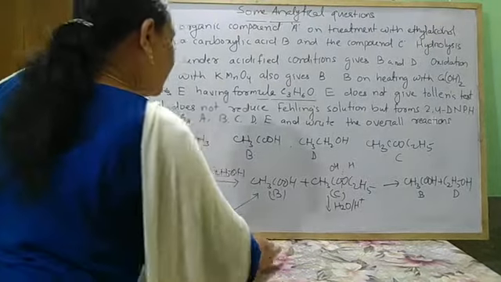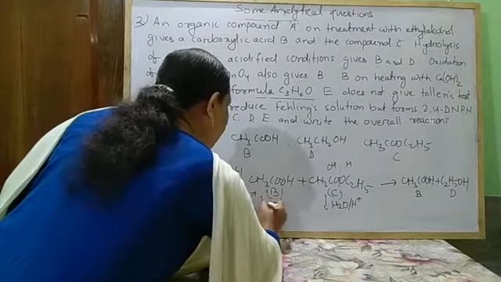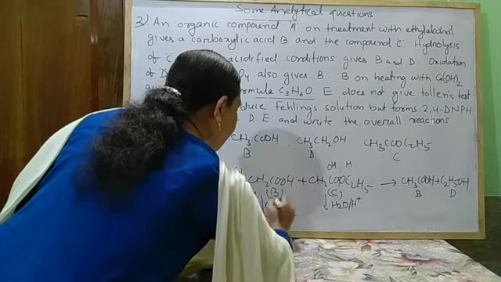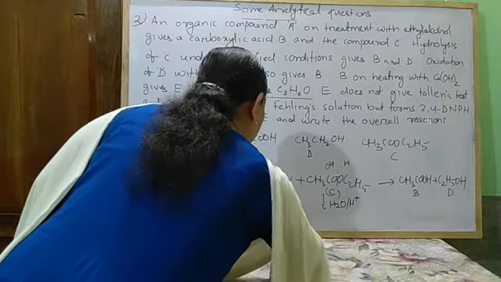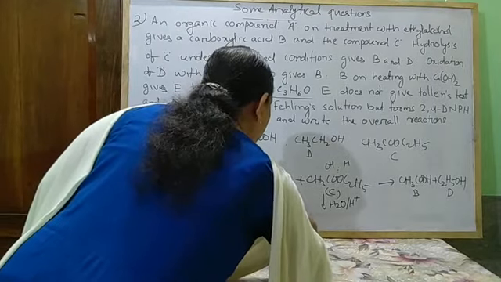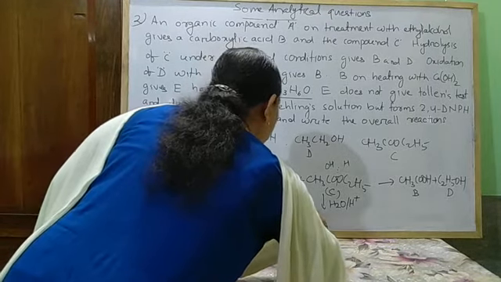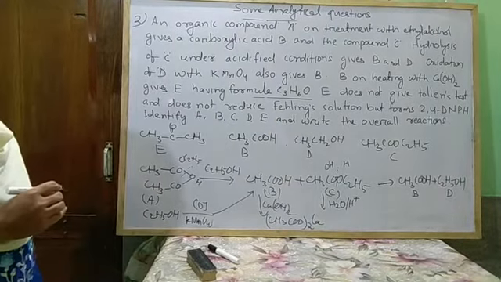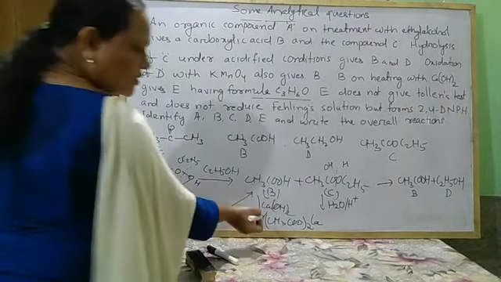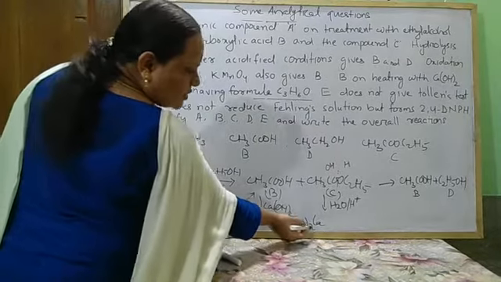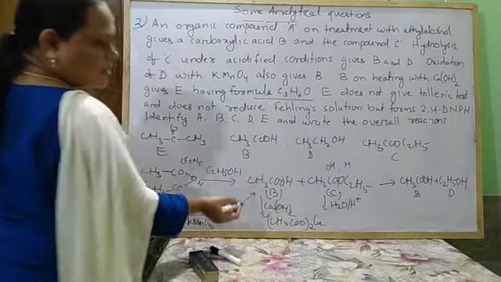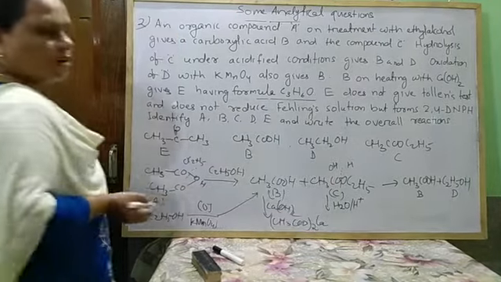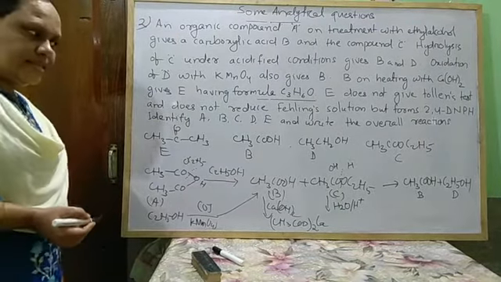When B is heated with calcium hydroxide, it forms calcium acetate. Can you see this? CH3COO whole twice Ca. When B is treated with this, it forms calcium acetate.